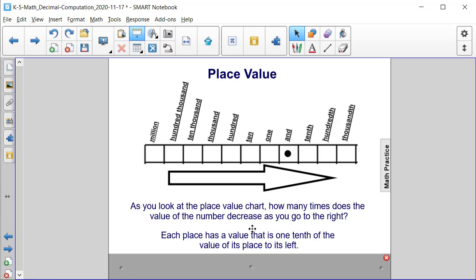And we can verify by thinking more along the lines of having a $10 bill and then a $1 bill. Going from 10 to 1, we're decreasing that value, or its value is becoming 1/10th of 10.